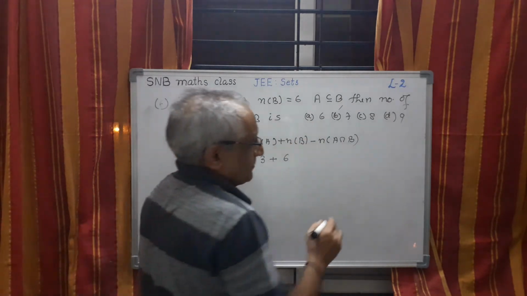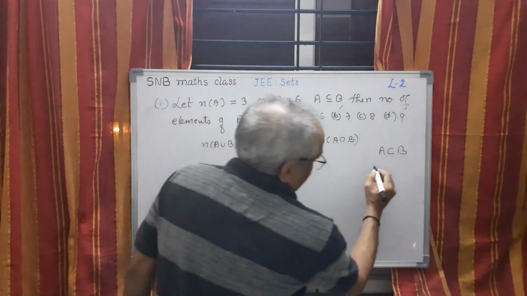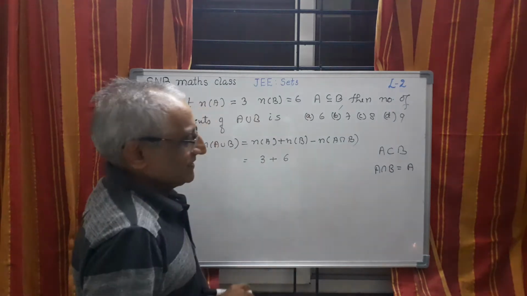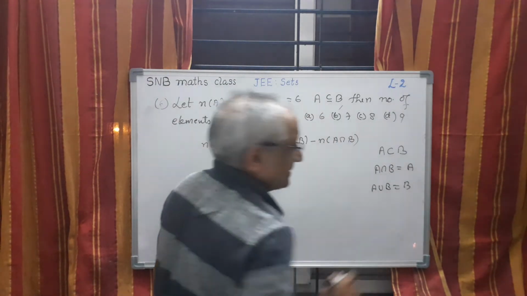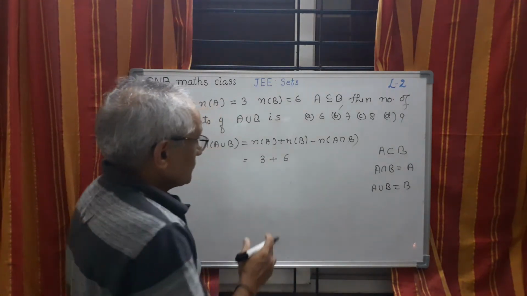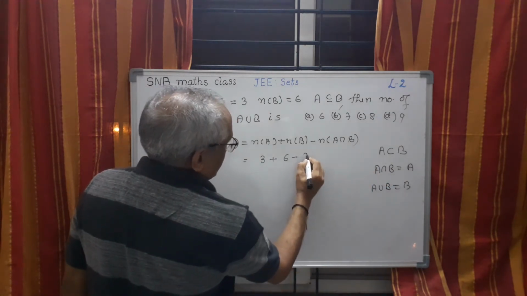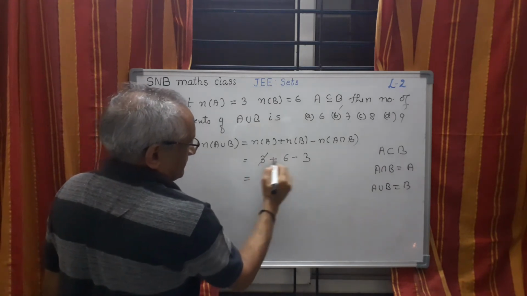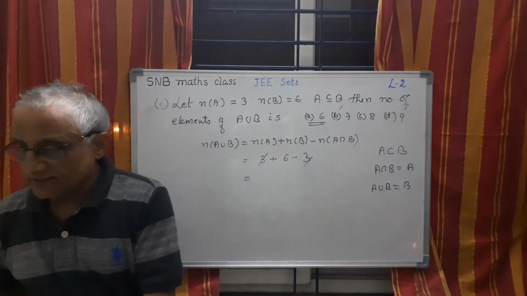Whenever a set A is a subset of B, A intersection B is always the smaller set, and A union B is always the bigger set B. It's a common sense question actually, but sometimes we miss such things. So A intersection B is the same as A, so it is minus 3 once again, number of A only. So this is 6. So the option is the first one.